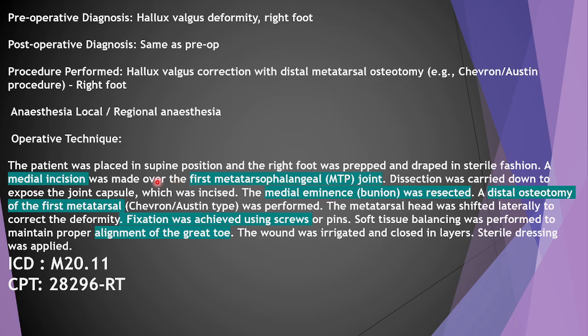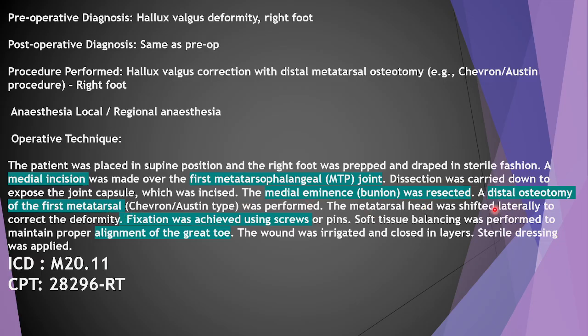So first what we have to see is which type of incision has been done. Here medial incision done. First criteria: over which area, which location? First metatarsophalangeal joint. After that, the dissection was carried out to expose the joint. And the third criteria, the medial eminence bunion was resected. Fourth, at where: a distal osteotomy of the first metatarsal has been done.